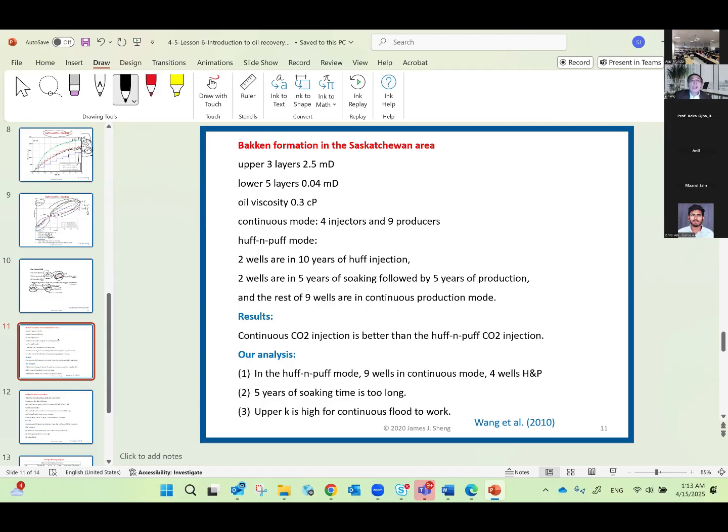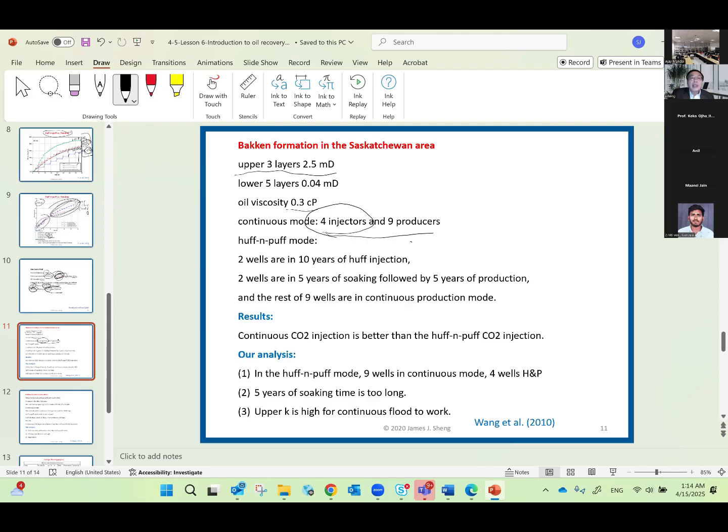Okay. Now let me give you another example here. In this example, we have upper 3 layers and low layer, low 5 is 0.05, viscosity, continuous mode, 4 injectors, no producer.